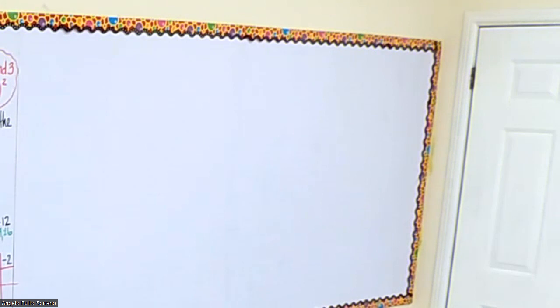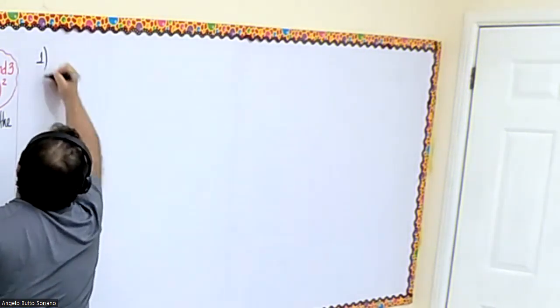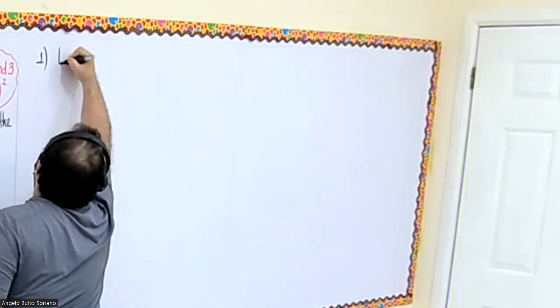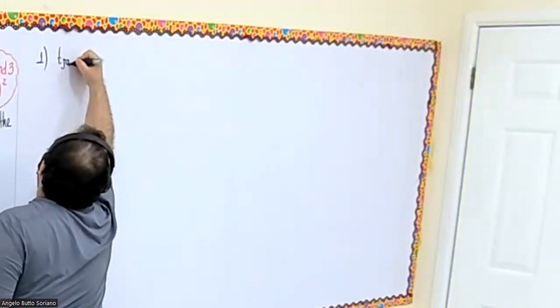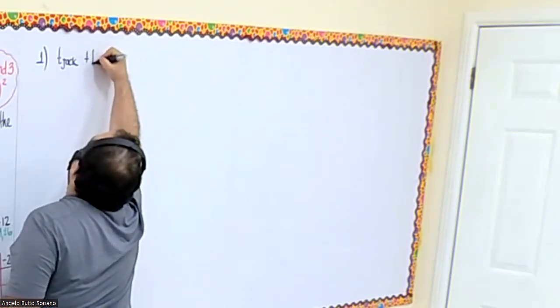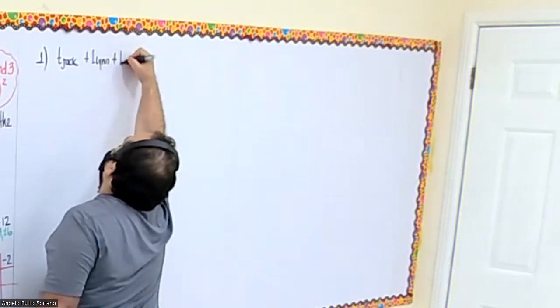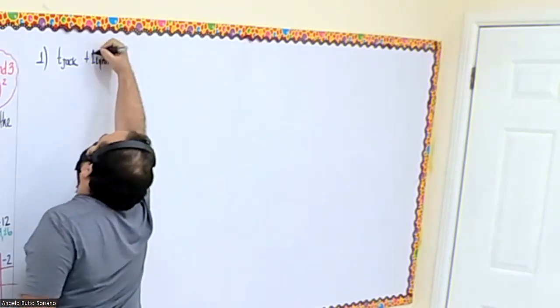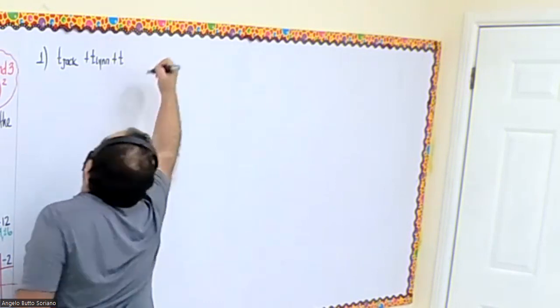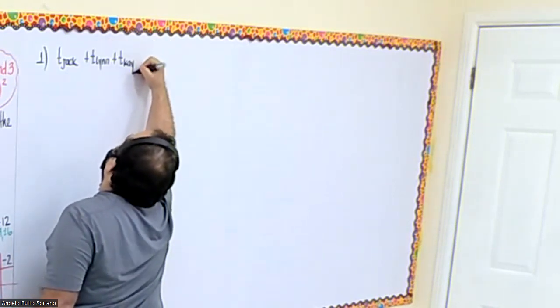Okay, so in the first word problem, we're going to establish what will be the system of equations. All right, remember the period of time of Jack, plus the period of time of Lynn, plus the period of time of this gentleman Kai, right?